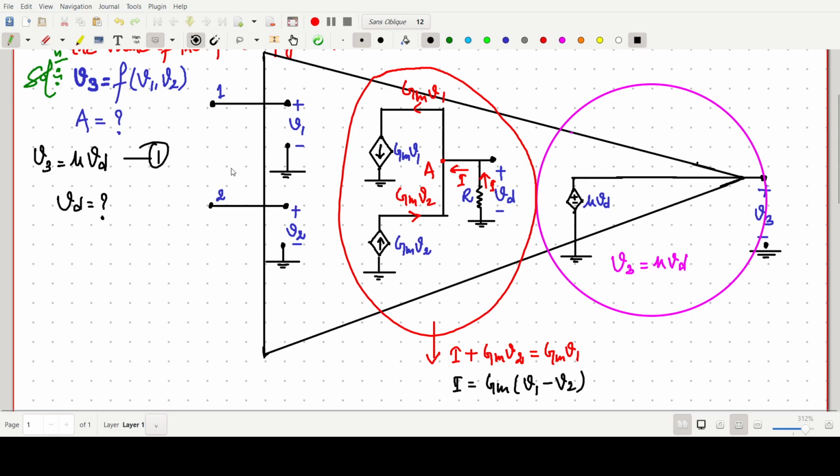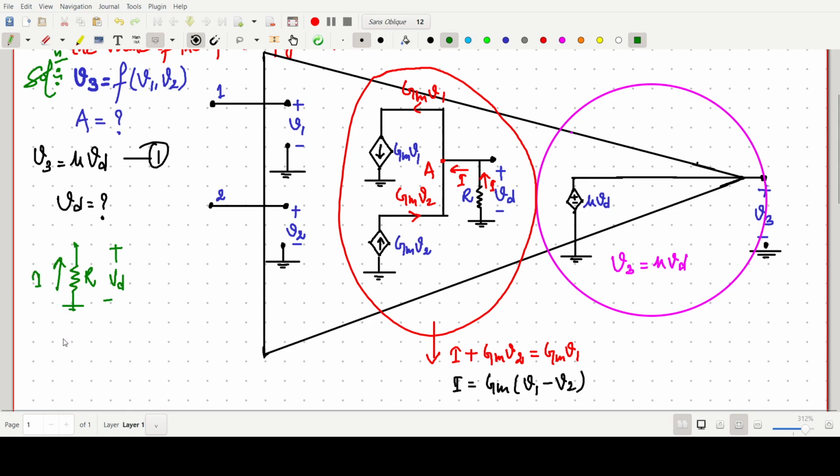Now I is known to us, so we can find the vd value. But before that, this one is grounded, this one is R, and this voltage is plus or minus vd, and the current is I, flowing from this side.